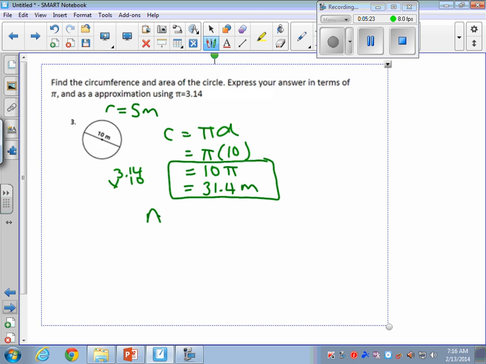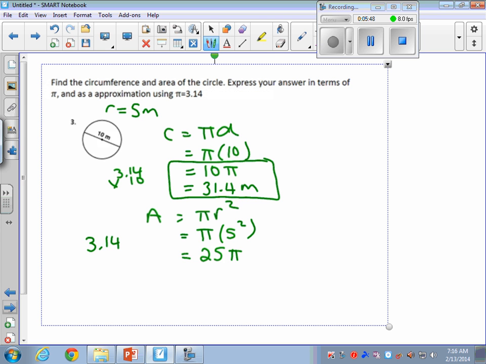To figure out area, I need to use pi r squared. Be careful here, but you cannot use diameter when you're doing an area calculation. So pi and the radius squared is 5 squared. So 5 squared is 25. So the area equals 25 pi, and then just substitute 3.14 for pi.